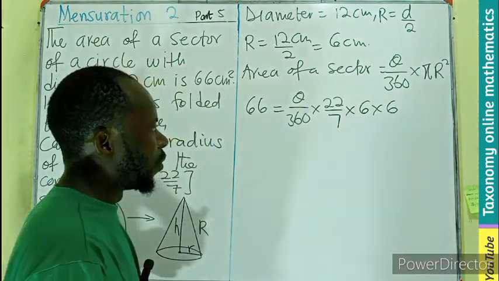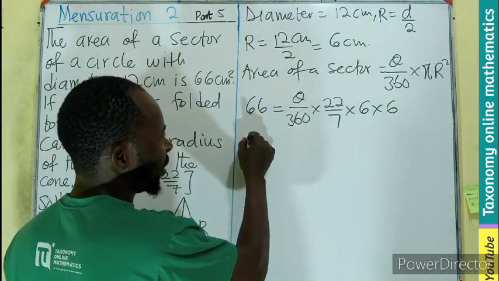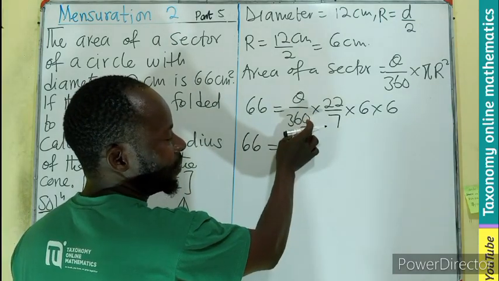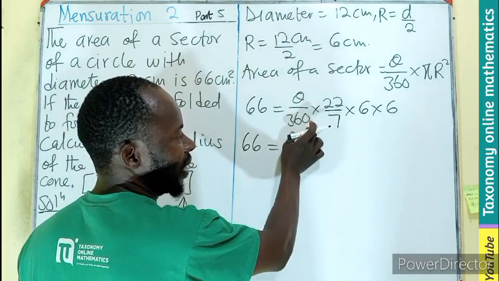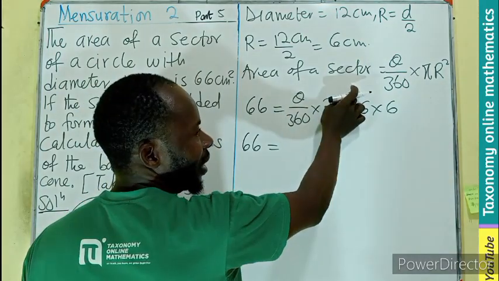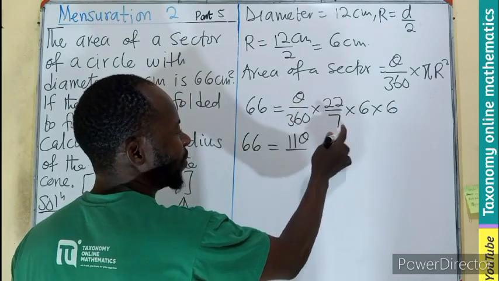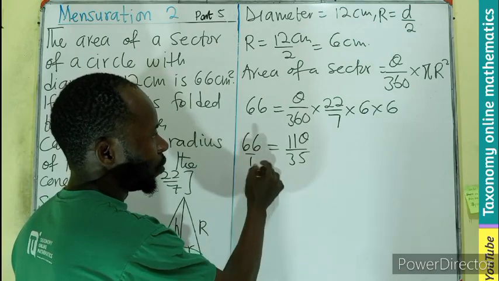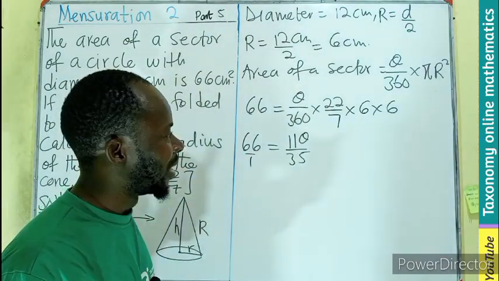Let's take it this way: 66 equals, if 10 is left here, then in that 10, 5 can go there 2 times, and 2 can go there 5 times. So 11 theta out of 5 times 7, which will be 35. You can do your own cancellation if you are not conversant with mental cancellation.